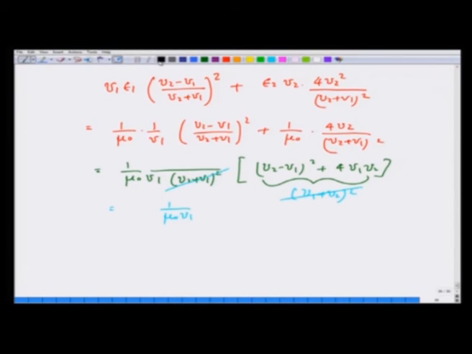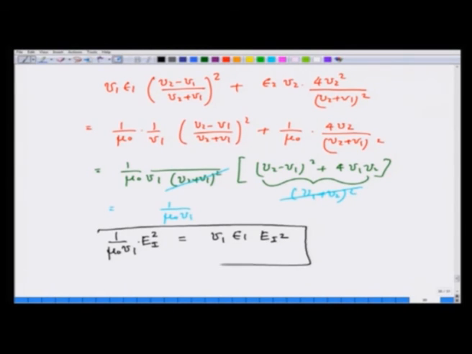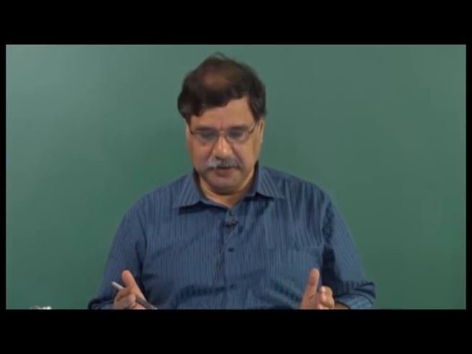So, this whole thing adds up to 1 over mu 0 V 1 E incident square, which is nothing but equal to V 1 epsilon 1 E incident square, as can be easily seen. So, you see that our amplitudes are such that they also satisfy energy conservation.